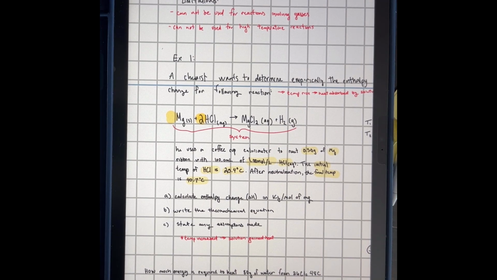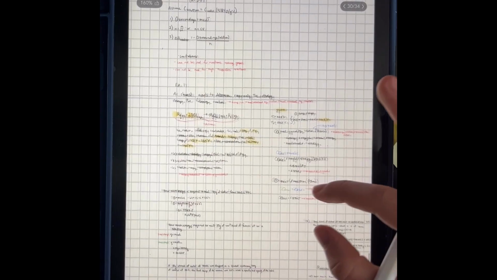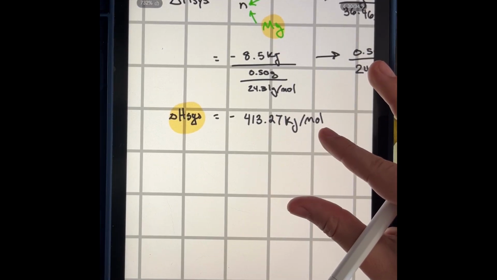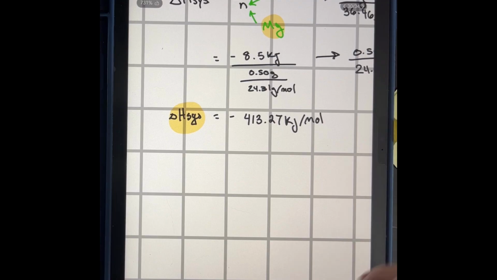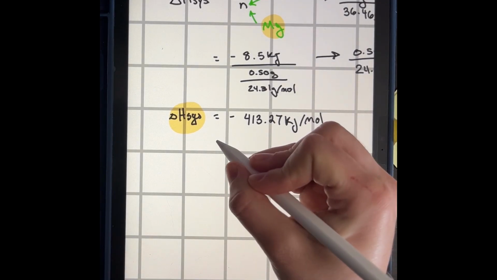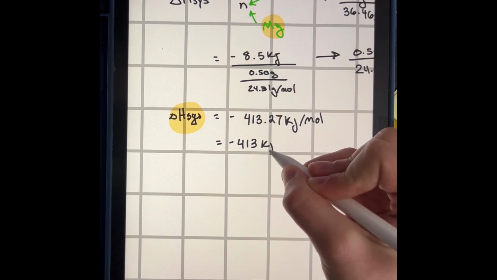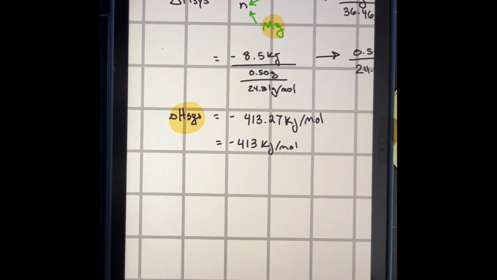So let's check if this answer is right. Yes, it is. Not my sig figs though. It should be 3 sig figs. My answer is a little bit off, but it's because I used too much approximation.